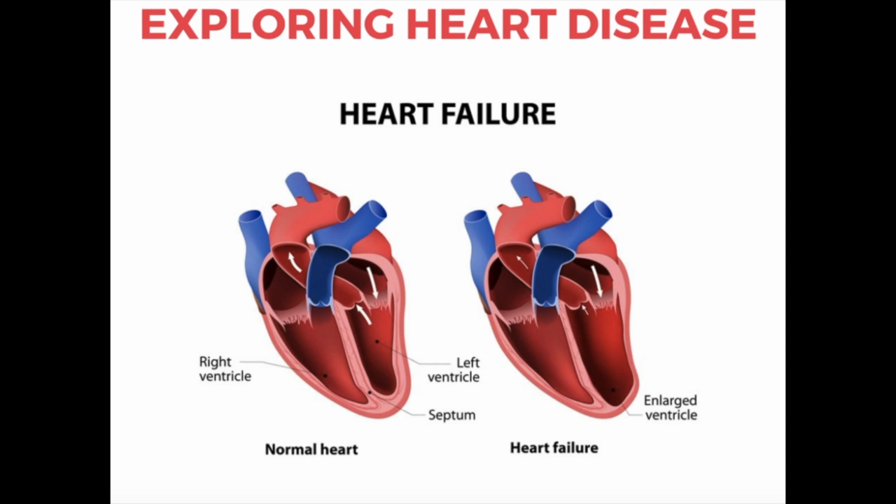When there is too much demand put on the heart as a muscle, over time it grows really, really thick muscle to try to accommodate the demand of the blood going in and out and circulating it around the body.